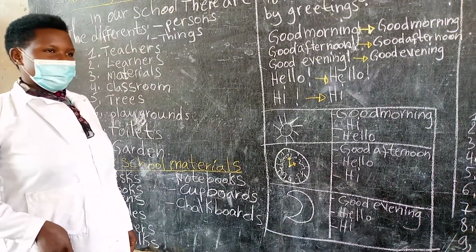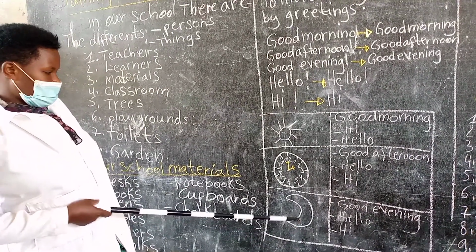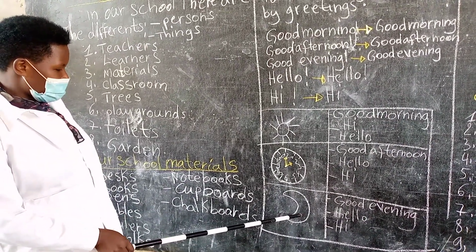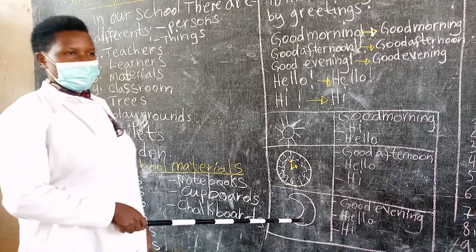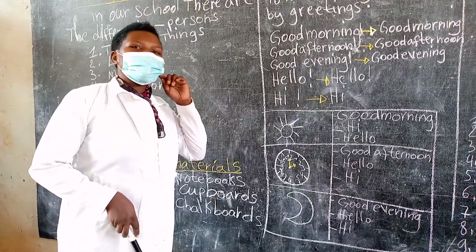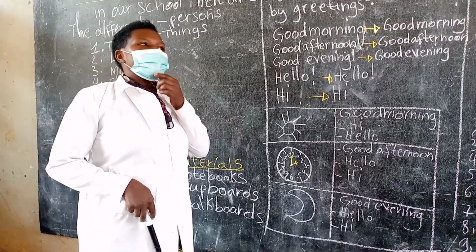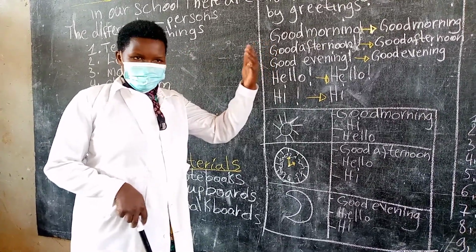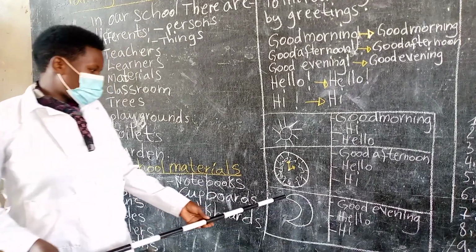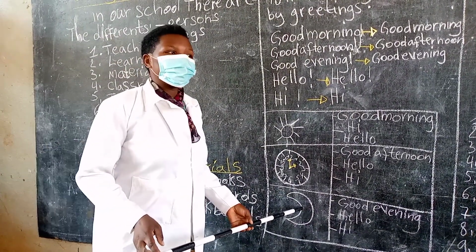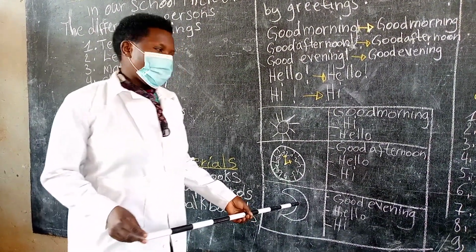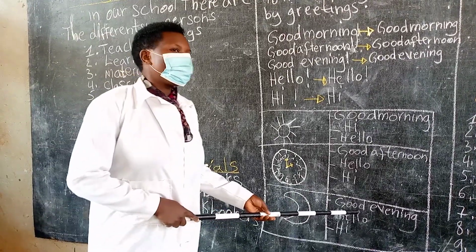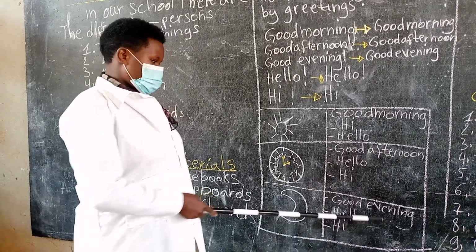Dear parents, we have the other side, which is the moon. Remember that the moon comes when we are in the night or in the evening. When the children see the moon, remember that we are in the evening. And they have to say good evening.